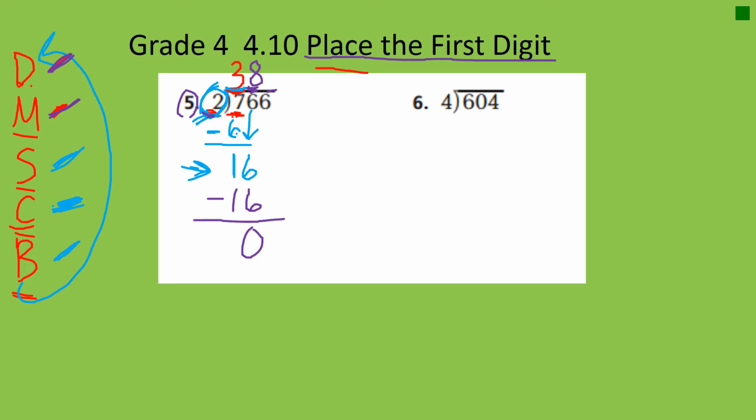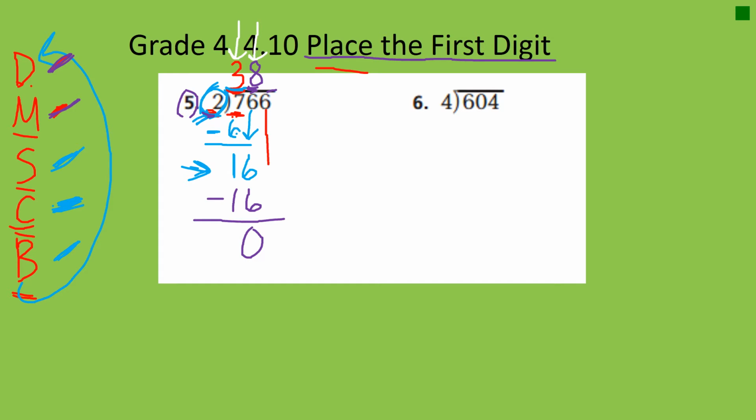Yay! Oh, not yet. Because look up here in the quotient. We have a digit over the hundreds. We have a digit over the tens. But what about that little precious ones place? We have to deal with that.